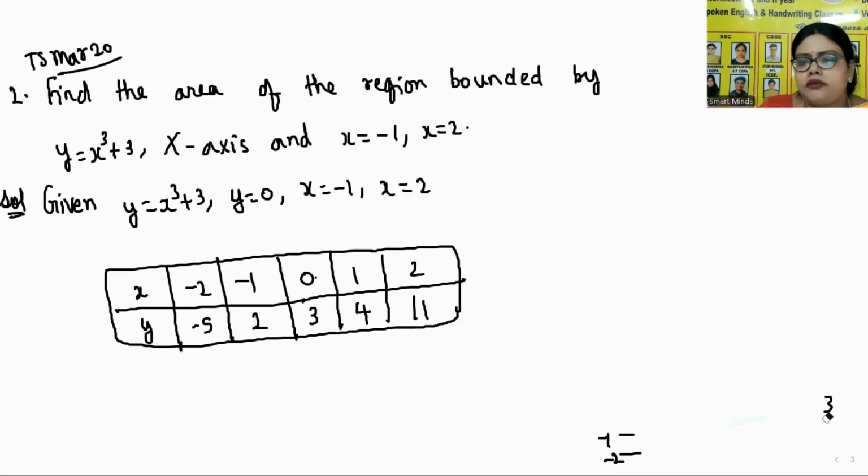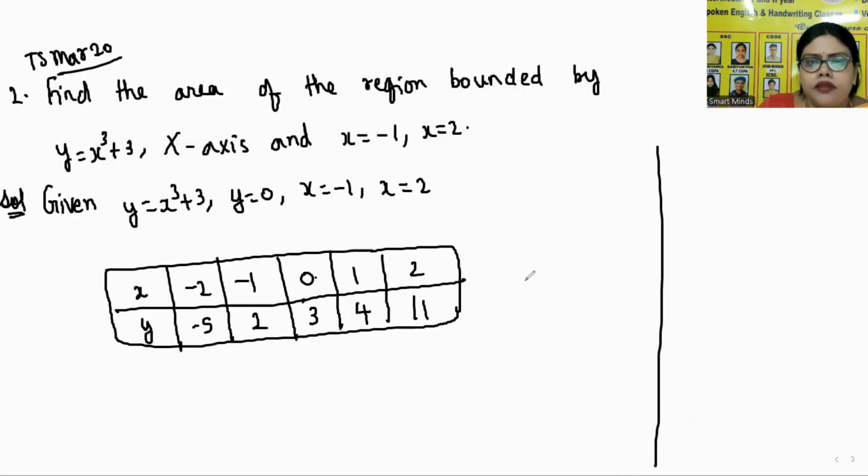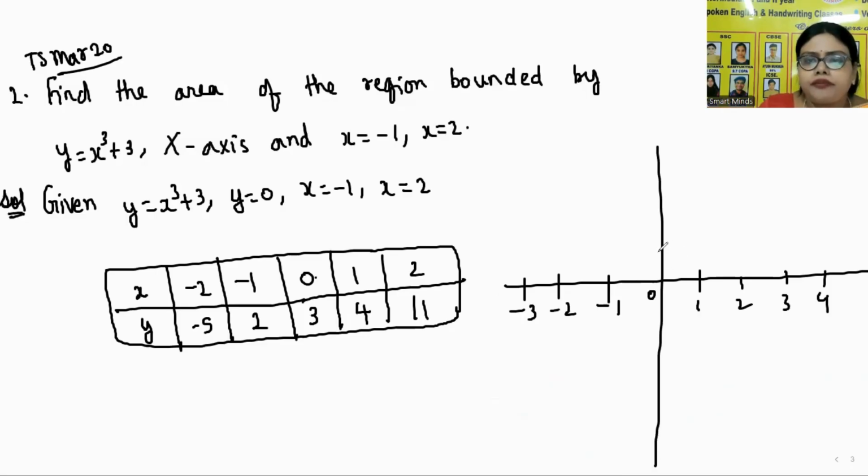So let us make a plus. And this is 1, 2, 3, 4. Here -1, -2, -3. Then 1, 2, 3, 4, 5, 6, 7, 8, 9, 10, and 11.